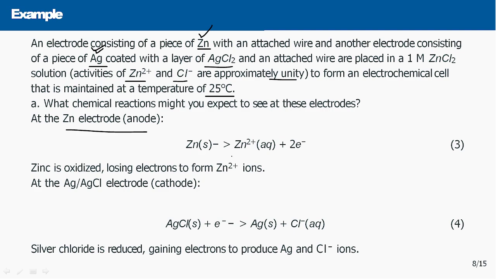When oxidation takes place, zinc goes to Zn 2 plus in aqueous solution plus 2 electrons; zinc is oxidized, losing 2 electrons. At the AgCl electrode, which is the cathode, AgCl is reduced by gaining an electron to produce solid Ag and Cl minus in aqueous solution.